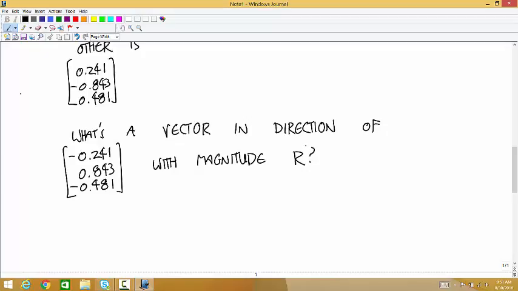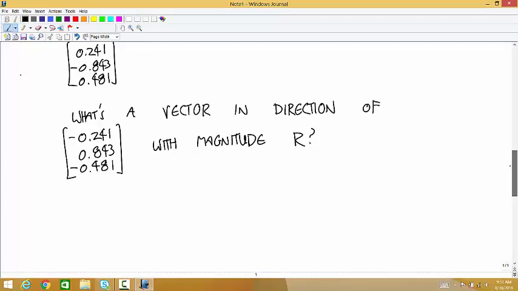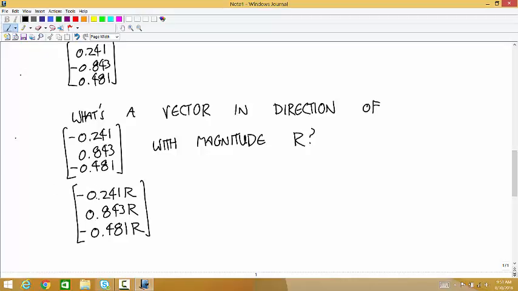That's equal to negative 0.241 R, positive 0.843 R, negative 0.481 R. And you can see, do it once, and you'll just see how it works.